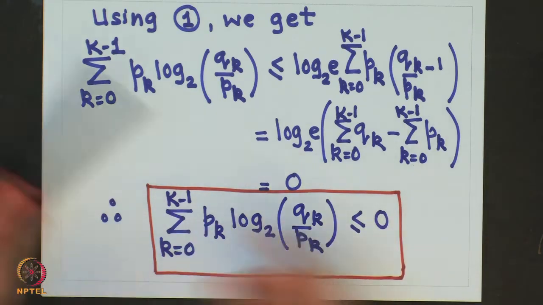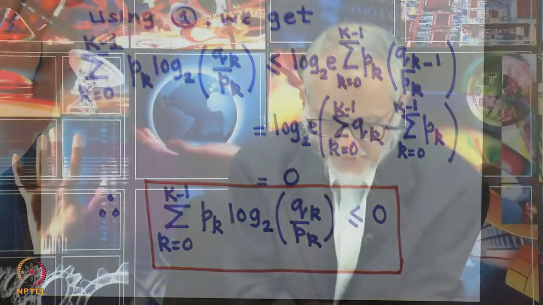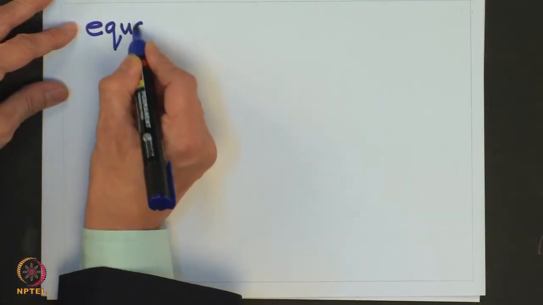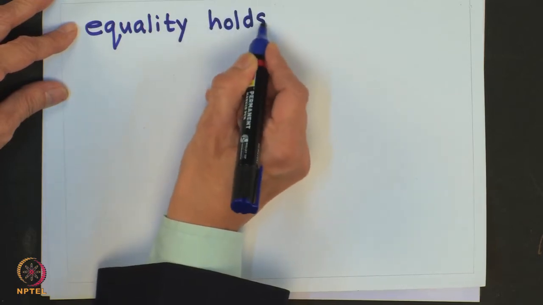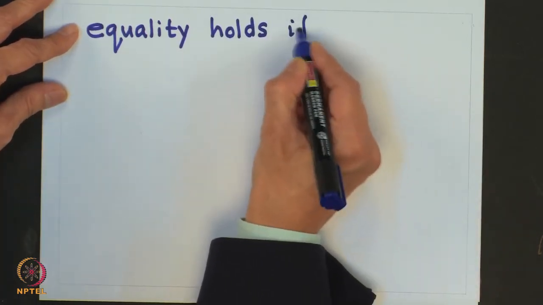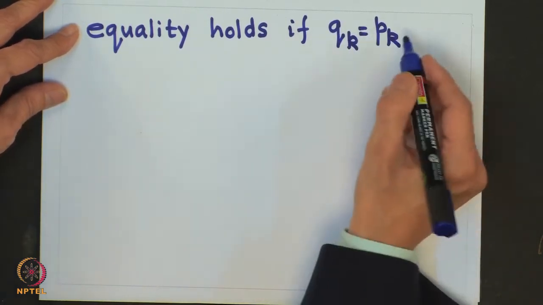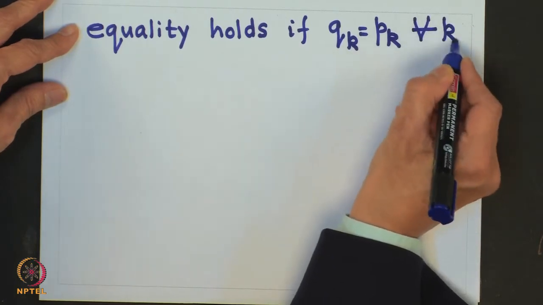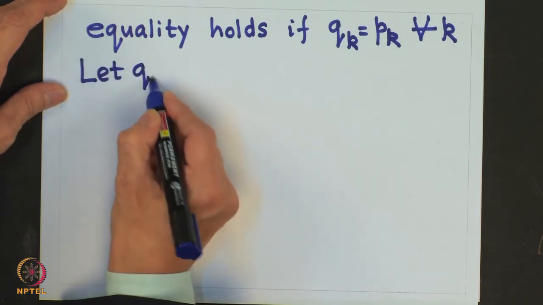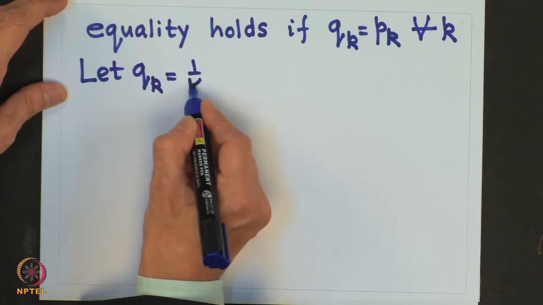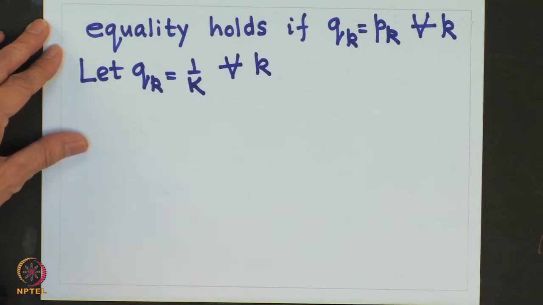And now we see that in this expression equality holds if qk is equal to pk for all k. So, let qk equal to 1 by capital K for all k.